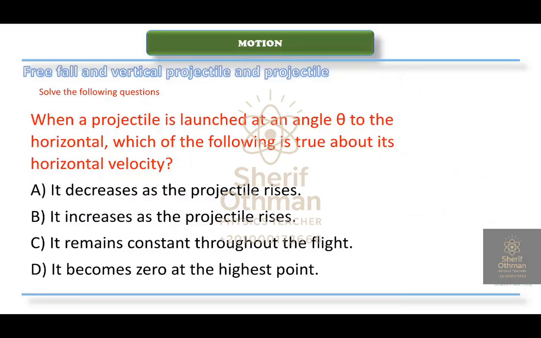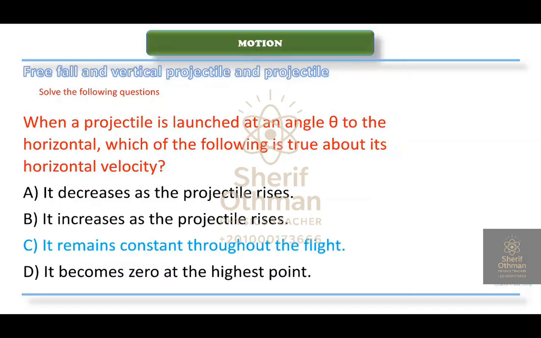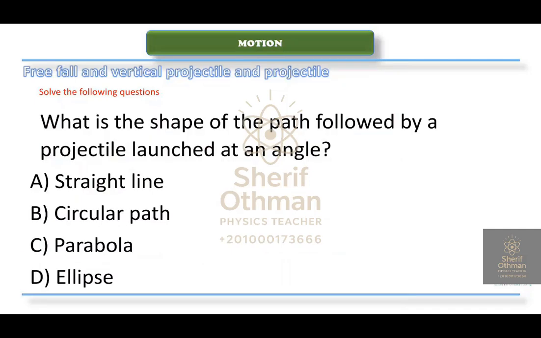When a projectile is launched at an angle theta to the horizontal, which of the following is true about horizontal velocity? It remains constant through the flight. What is the shape of the path followed by a projectile launched at an angle?